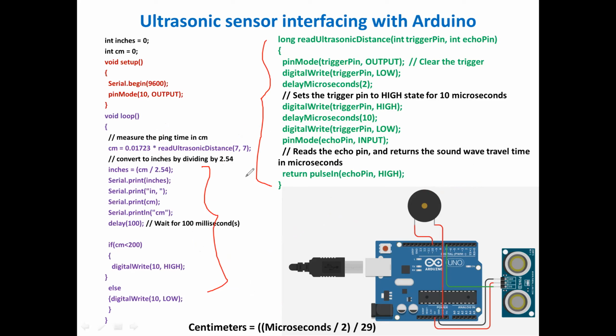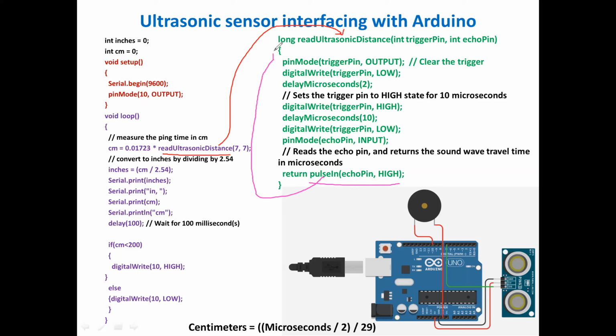Fine. So I'm going to find out the distance now. Here I'm going to use the function read ultrasonic distance 7,7. This function will call the subroutine with the same name. Here I'm going to return this value to my function. Long is the data type.